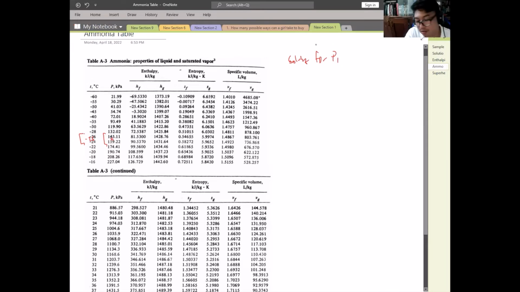So negative upper limit, the ratio of upper limit to lower limit of temperature to pressure. So temperature side, itong left side natin, so that is negative 26, minus negative 25 degrees Celsius. So ganun din dito, no?